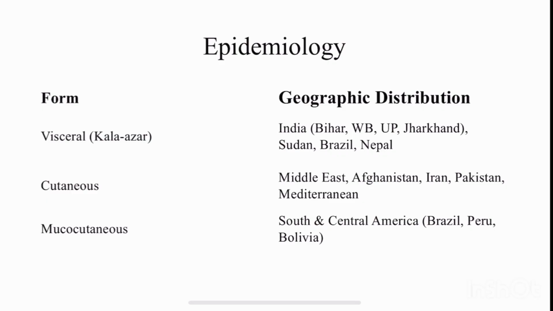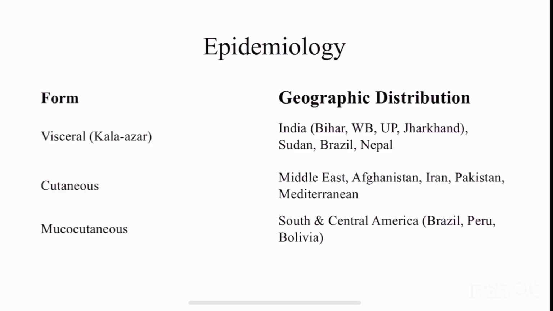Kala azar, the translation being black fever, because in the beginning of the infection we can see a high grade fever which will rise twice or three times within a 24-hour period. In India, it is mainly in Bihar, West Bengal, Uttar Pradesh, and Jharkhand. Majority of the cases are reported from Bihar, about 70 to 75% of cases.